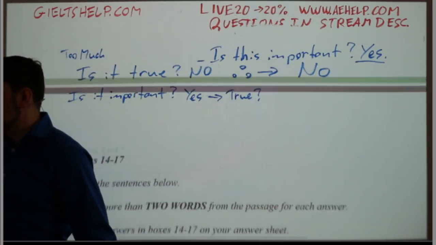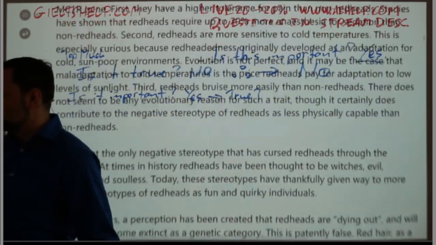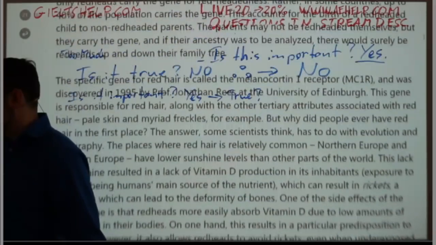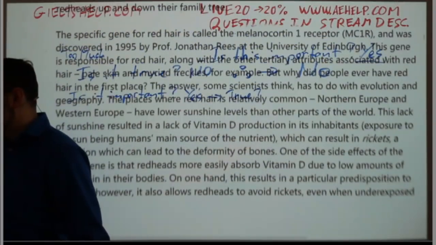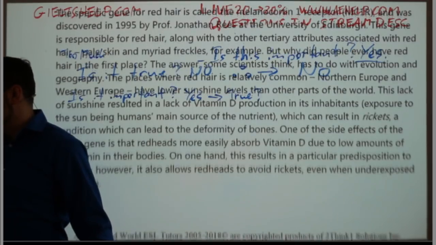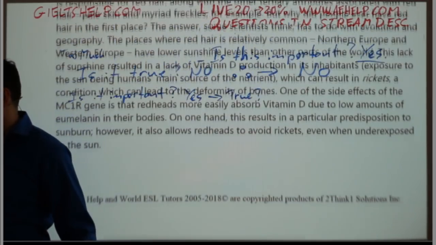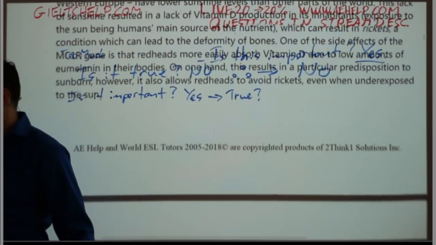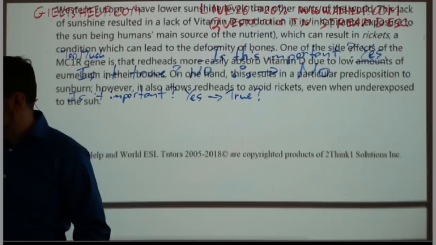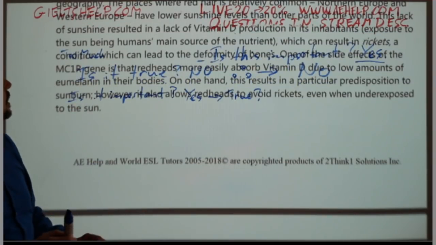Let's look back. It's going to be easy to find this because it's in one paragraph. Here we go. Can everybody see this without me erasing the answers?